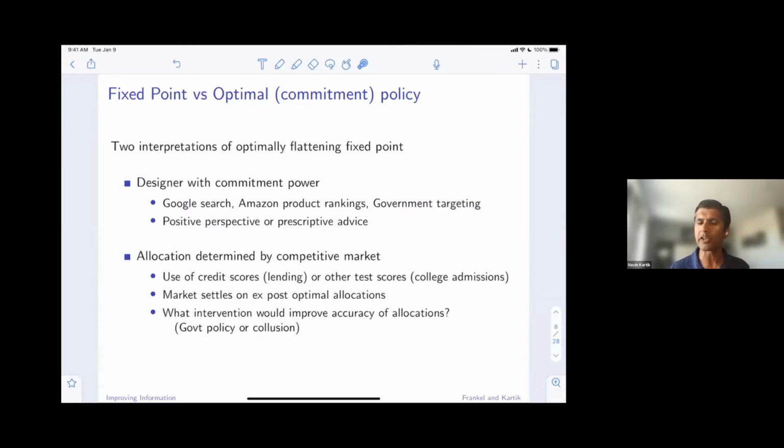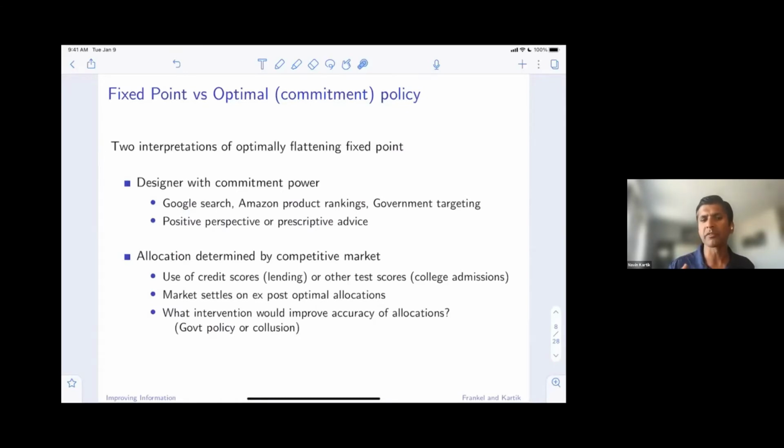So there are two ways in which one could think about our flattening the fixed point result. One of them is to think about settings in which the designer genuinely has commitment power. Okay, so I mentioned the example of Amazon, but you could also think about Google search, of course, or you could think about a government program that's targeting certain kinds of aid to agents who have certain kinds of observables, here with commitment power.